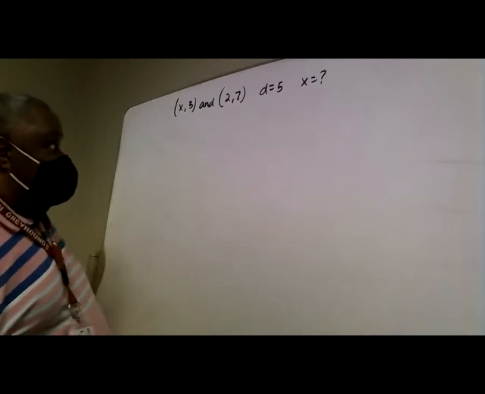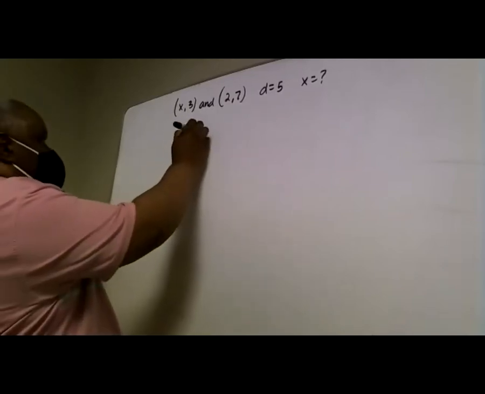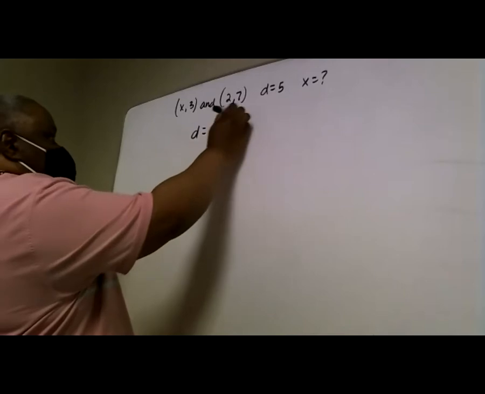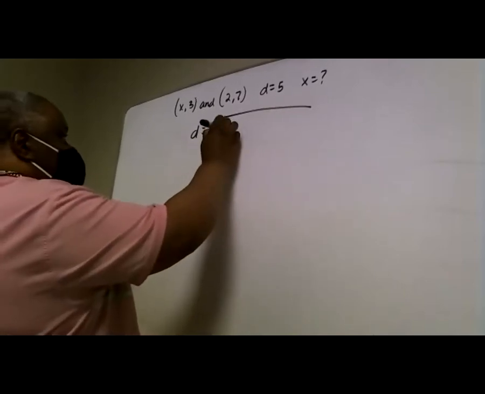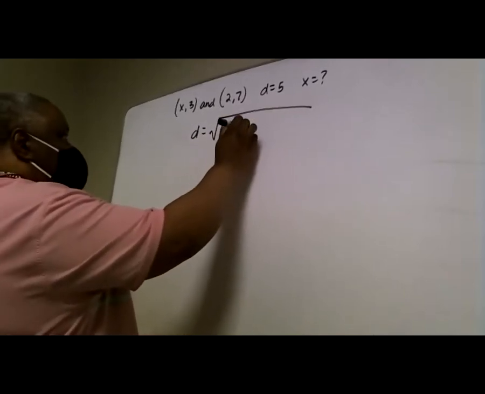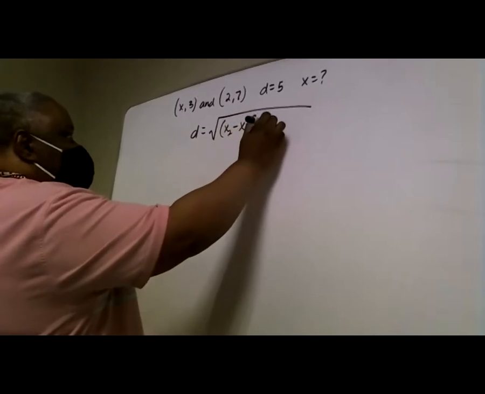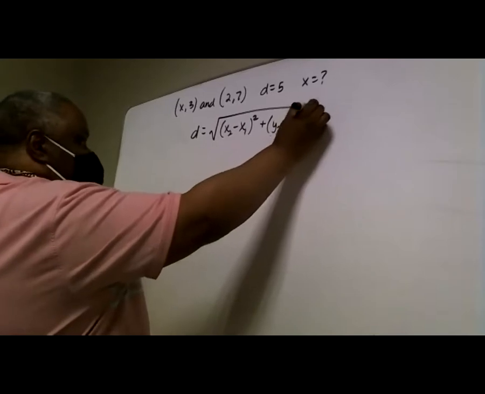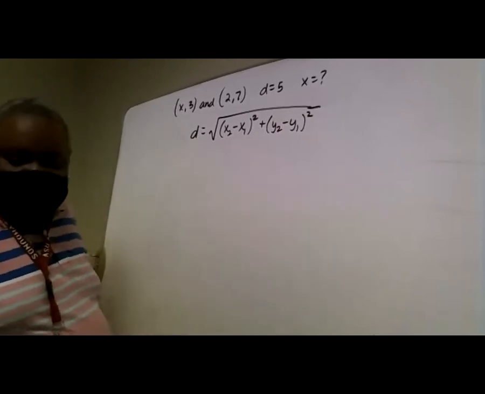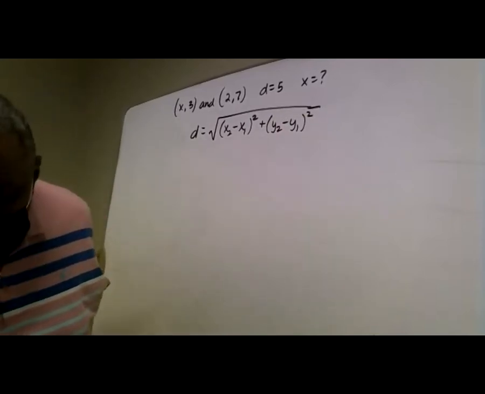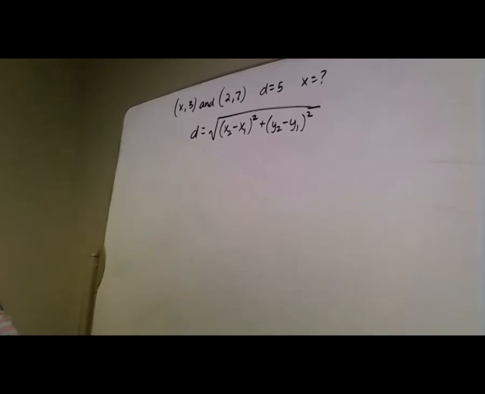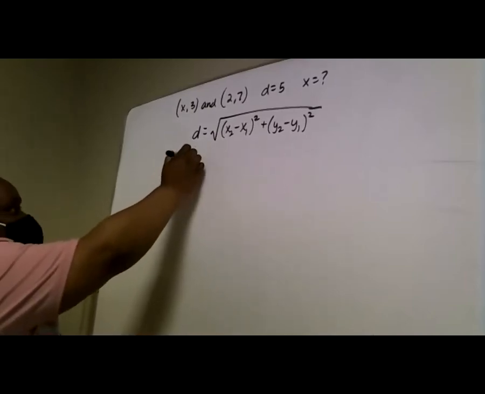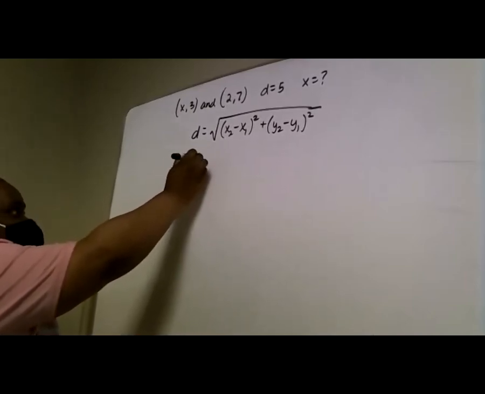All right, so in this case here, our distance formula is the square root of x2 minus x1 quantity squared plus y2 minus y1 quantity squared. The distance was 5, so we put 5 there.